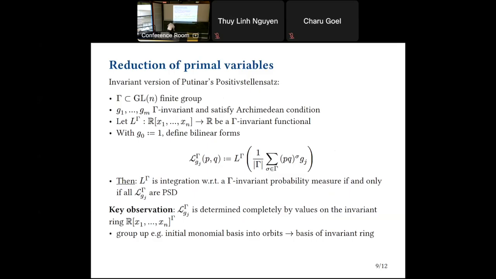We can do an example, for instance, of what that would mean in practice.